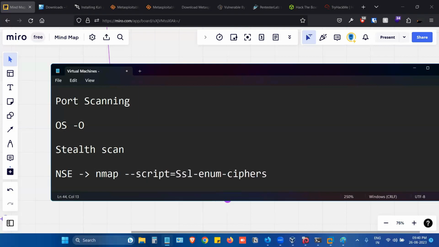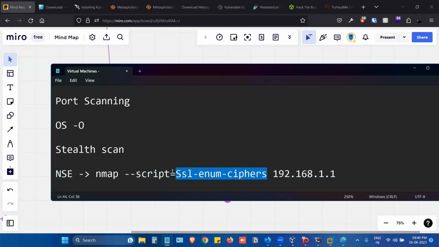The full command would be nmap, then the IP address, like 192.168. This is just an example IP address I have taken. So suppose if you have to run a script scan, then you can use this command. Here we are using a script that is ssl-enum-ciphers. That script we use to enumerate the ciphers available over the target.